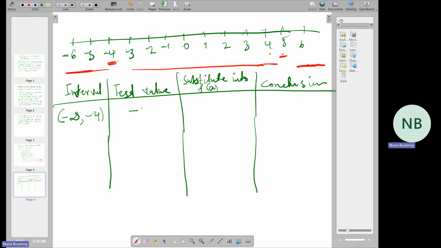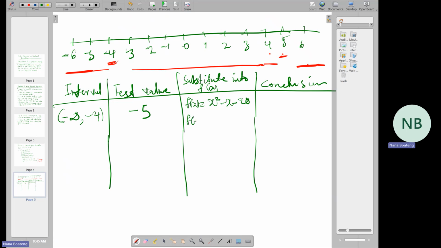And we know f of x is equal to x squared minus x minus 20. So we will evaluate f of -5.